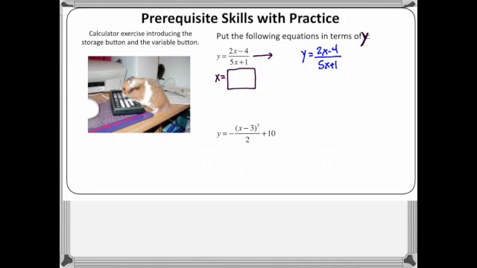The first thing I want to do is multiply each side by this guy right here. That's going to wipe out this, and we get y times 5x plus 1 equals 2x minus 4.